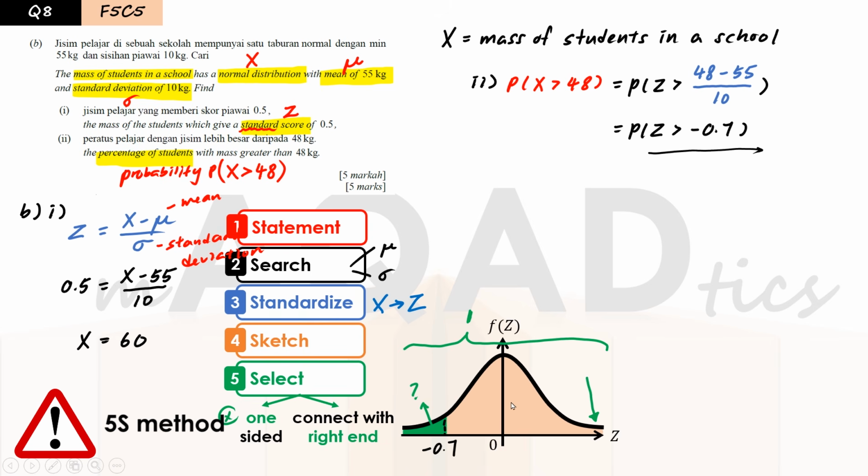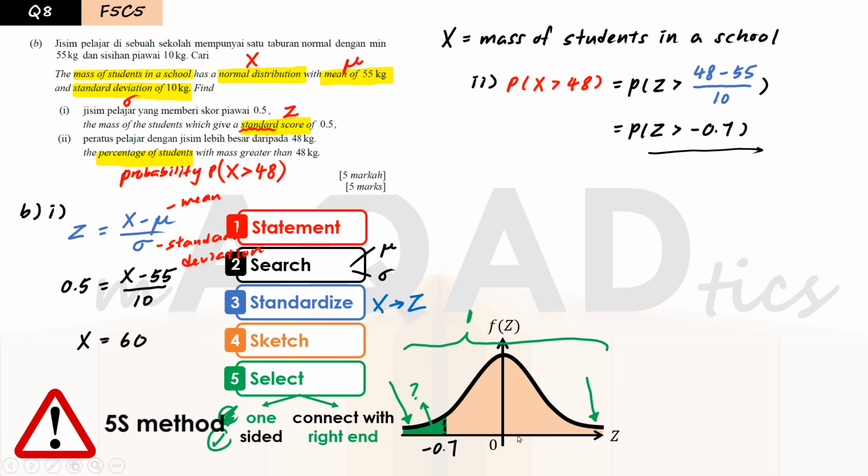So let us find the probability of this small part. This satisfies the first criterion already, but the issue is the second criterion. It is not at the right end, it's on the left end, on the other side. So how are we going to do this?